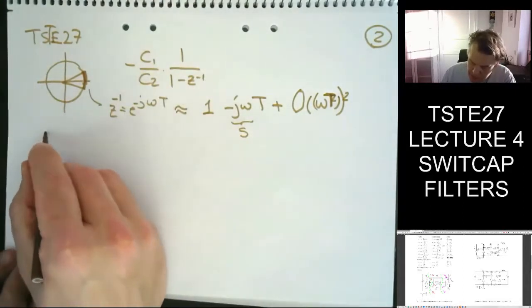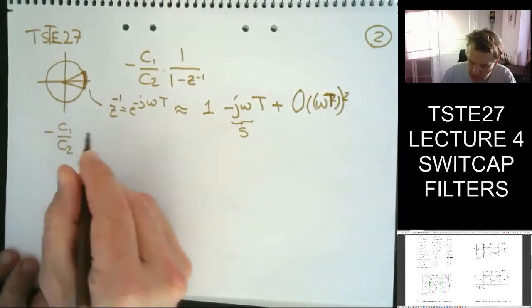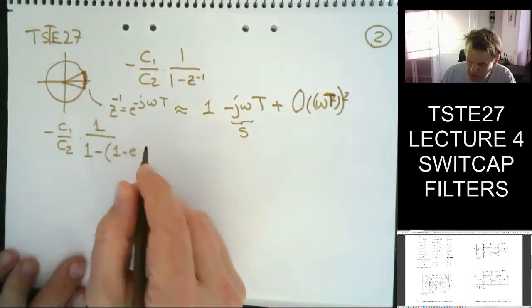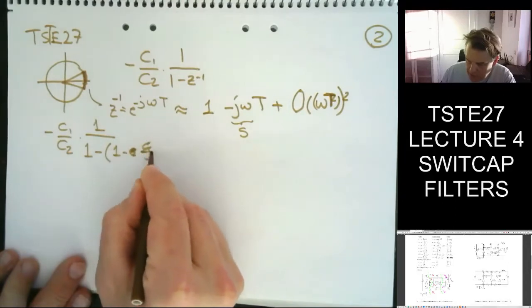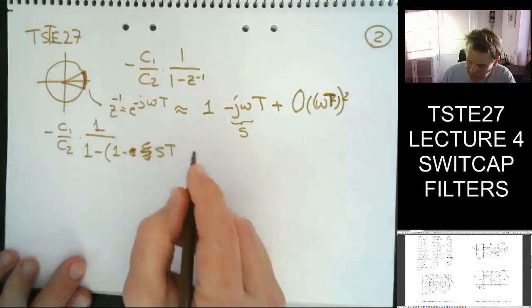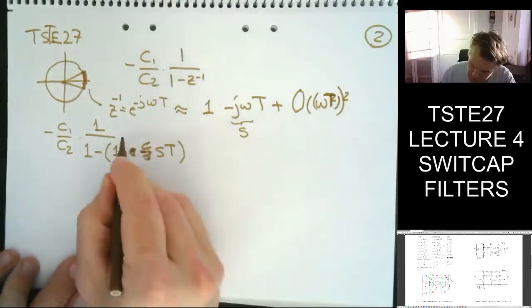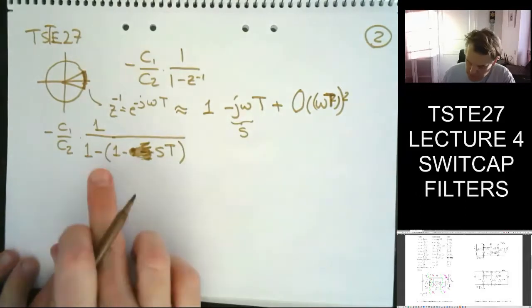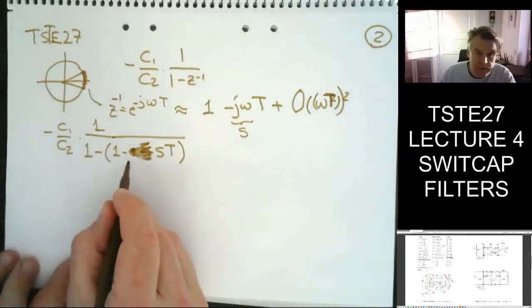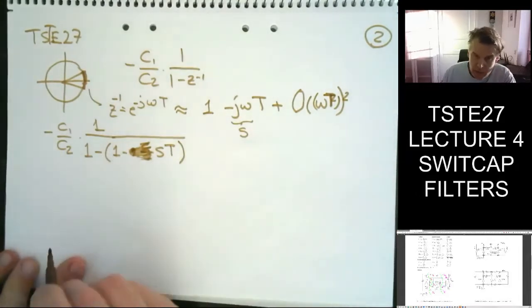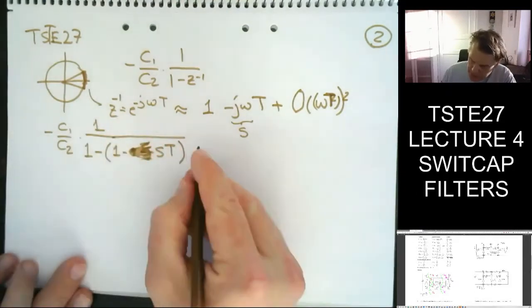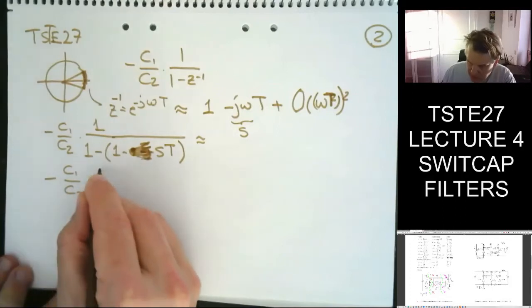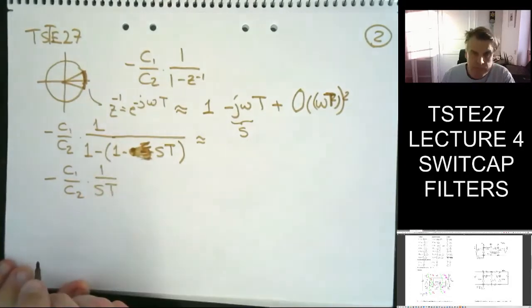So we have minus C1 divided by C2 times 1 over 1 minus, minus j sT, sorry, so s times T here. And well, minuses disappear and 1 minus 1 is 0. So this is approximately equal to minus C1 divided by C2 times 1 over sT.